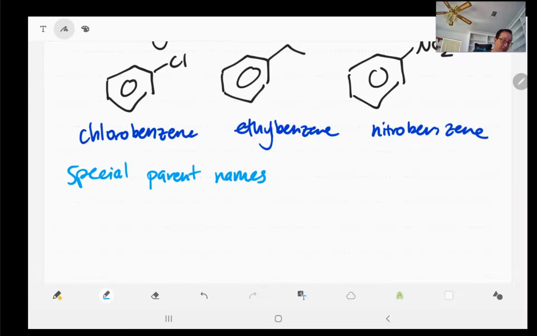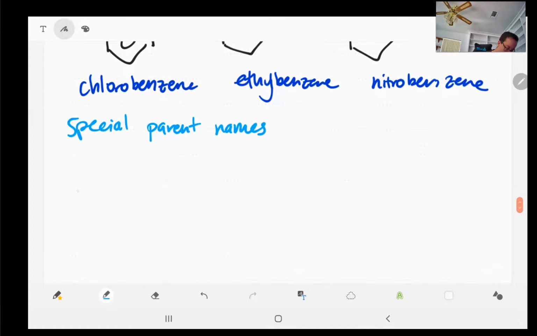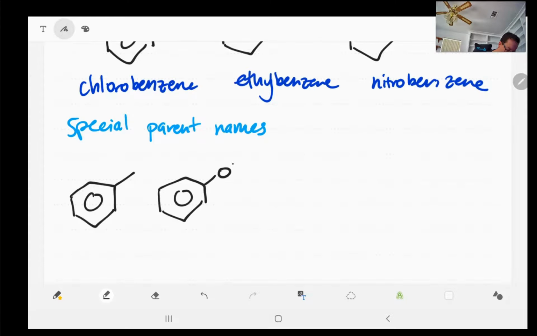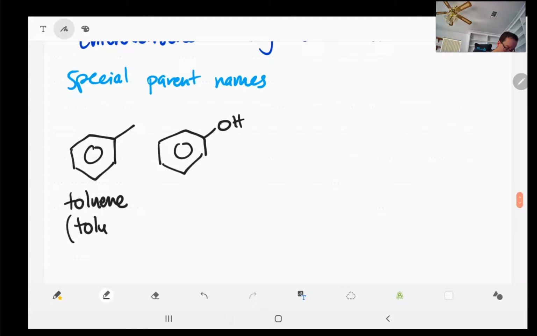And for these ones you will need to apply the highest priority parent name. For example, this one is toluene, or sometimes called toluol, but that's a really obscure name. Toluene is typically used. So that's a methyl group sticking out of your benzene.